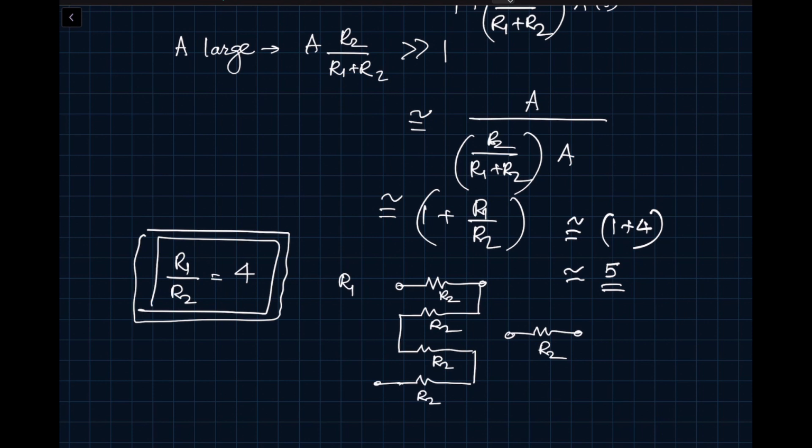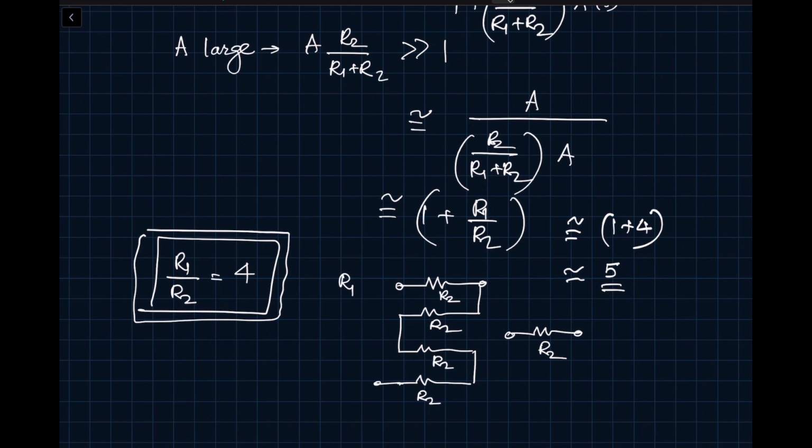It can move around a little bit, even as much as 50% of a large number. But even then, our effective gain will be 1 plus R1 divided by R2, and R1 divided by R2 will be factor of 4 by design because all the resistors are on the same chip right next to each other, made using identical components. So this is what we mean by gain desensitization using feedback.